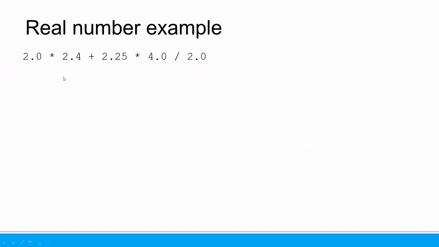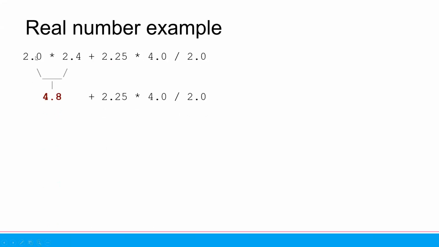Now let's see the example. We have 2.0 multiply 2.4 plus 2.25 multiply 4.0 divided by 2.0. How can we calculate this one? First, you get the multiplication.